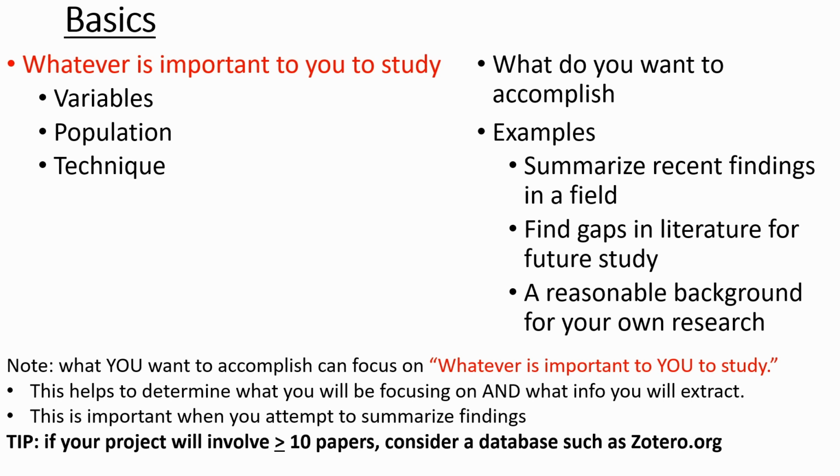And so you're going to add that additional variable into your search to identify what has been done about this particular topic in this particular population. And so that makes your study newer or novel to some degree. So it would help you find what the gaps in literature are, what hasn't been done.